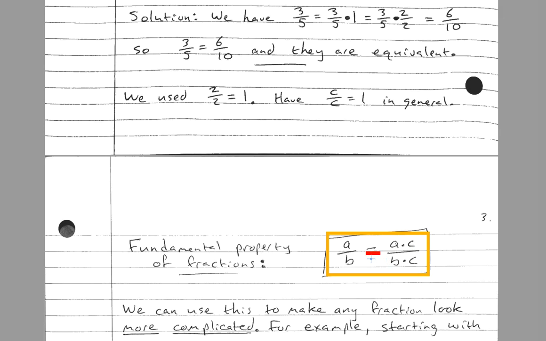And if you go in this direction, you can make a fraction look simpler by canceling. If you have the same number multiplying the top and the bottom, then you can cancel that number and get this simpler fraction. Okay, so we'll need this idea going in both directions.